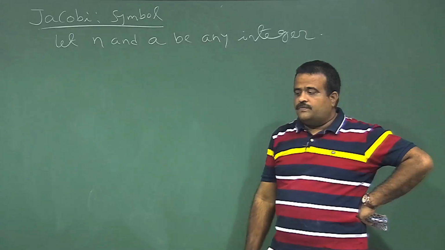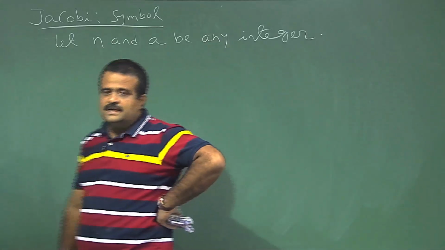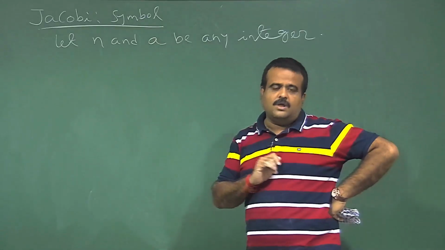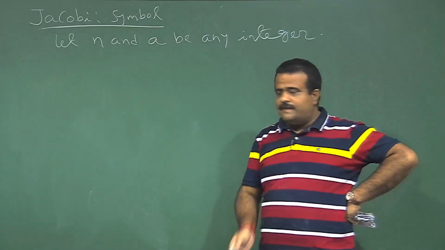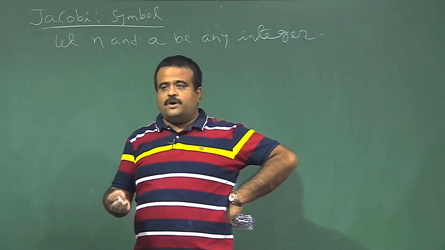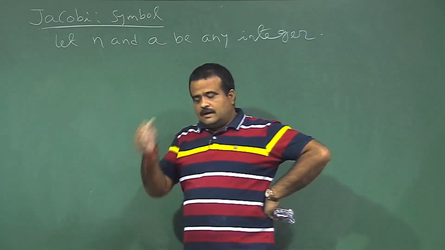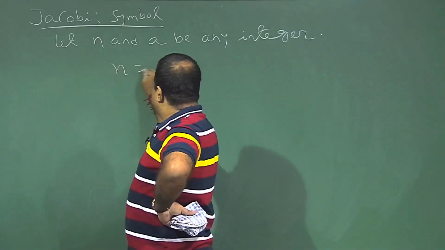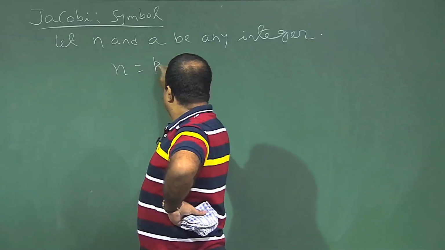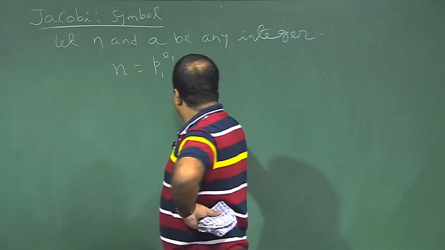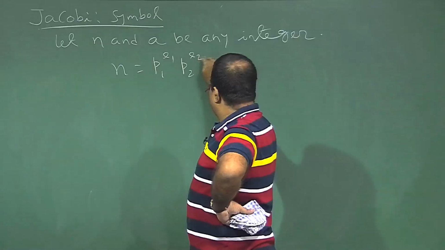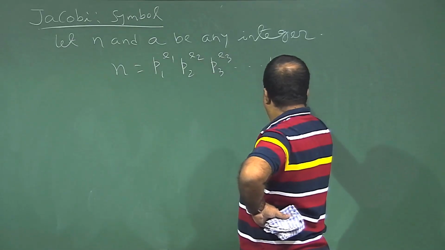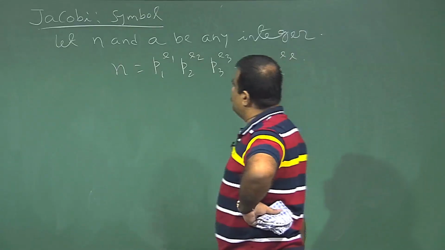Now, if n is an integer, it is either a prime, in which case we have the Legendre symbol, or if it is not a prime, then it must be written as a product of primes. That is the fundamental theorem of arithmetic. So n must be written as P1^E1, P2^E2, P3^E3, up to PL^EL, a product of primes.